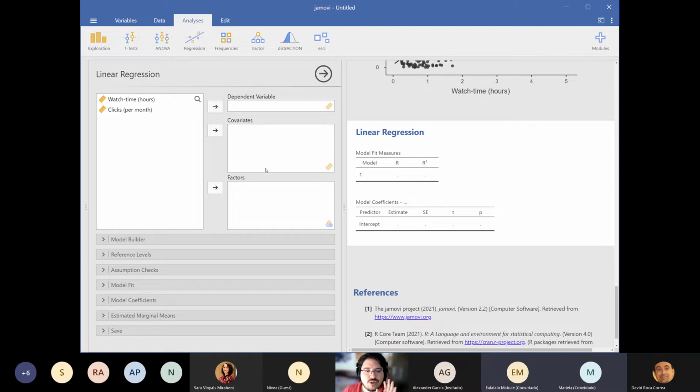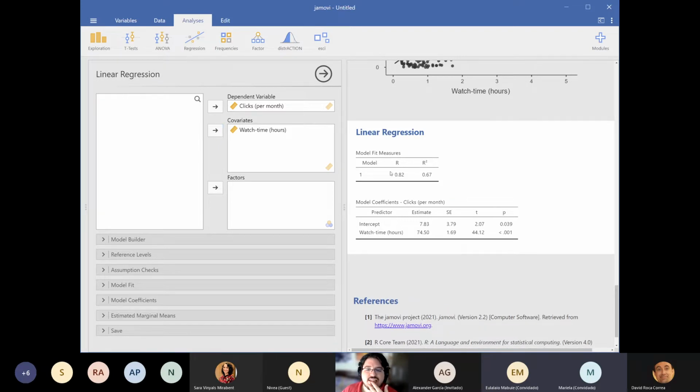And today we are not going to go into factors, okay? Just two variables that are both continuous and just the two, okay? So we decided that the thing that we observe is the clicks per month. That's what we're going to call the dependent variable. And we decided that the thing that we think is the independent variable that determines how many clicks we should get to our website is the watch time in hours in our advert.